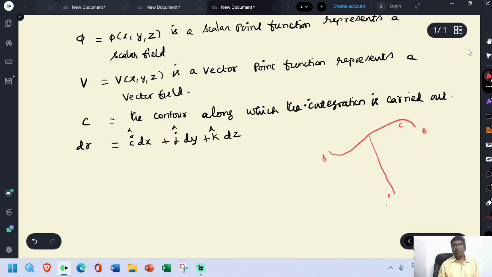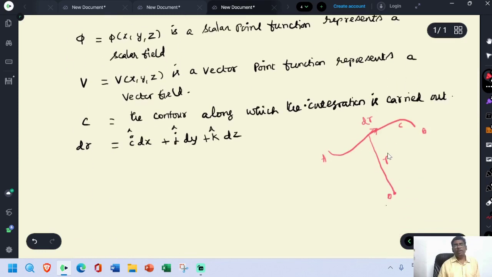Consider this origin or the position vector, then this dr. dr is equal to i into dx plus j into dy plus k into dz. This is the contour along which the integration is carried out.